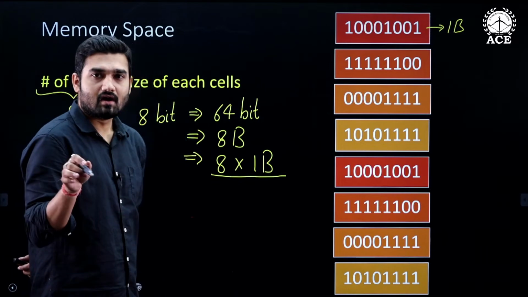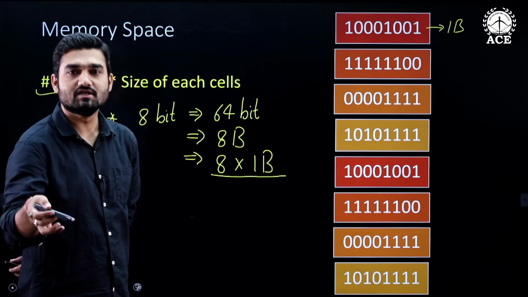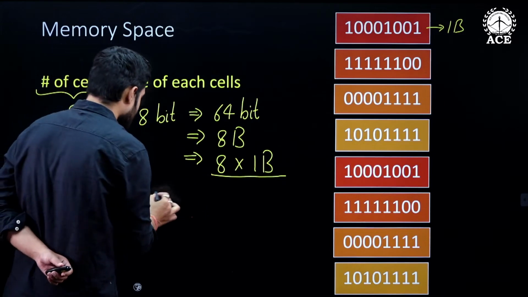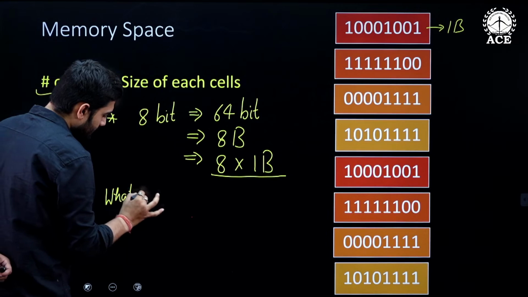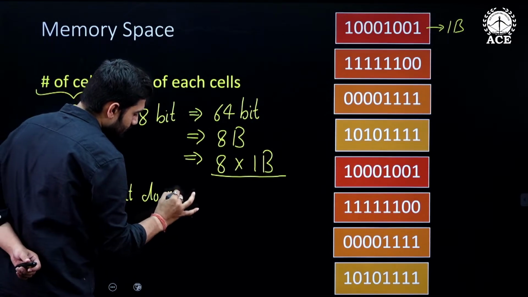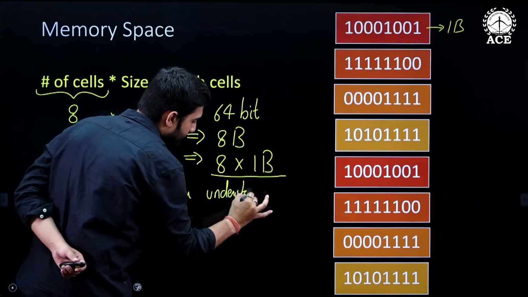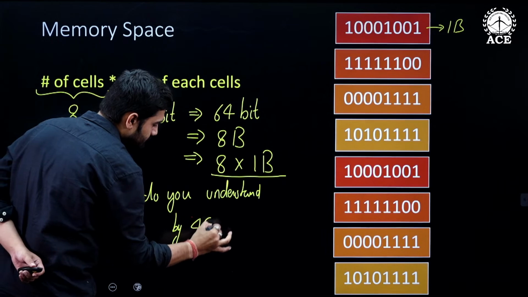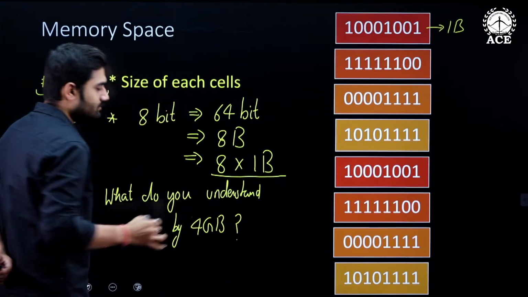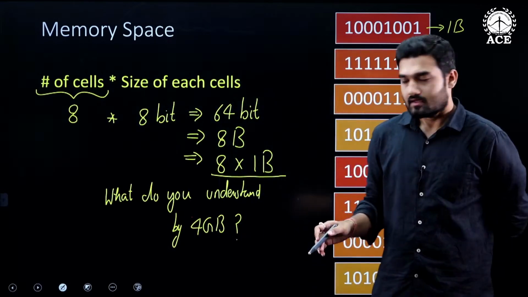Okay, then out of your responses, I am taking one and I am asking you again, what do you understand by 4 GB? Let us say you are a computer engineer, right?